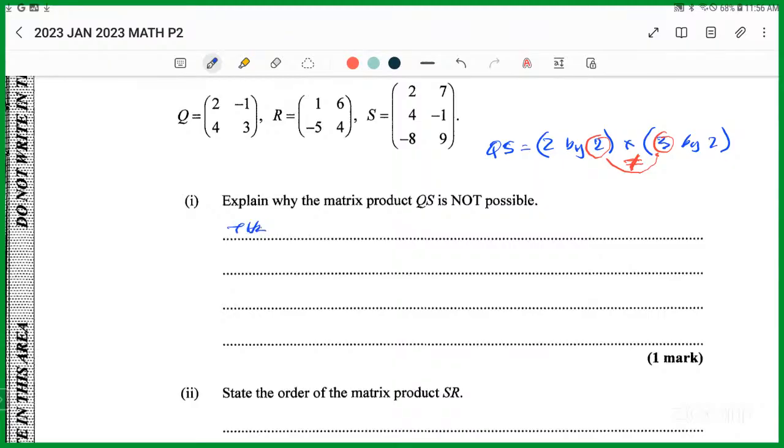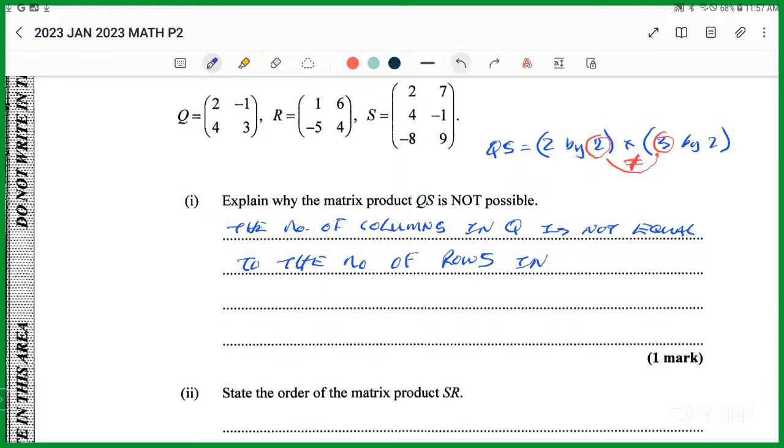The number of columns in the first matrix Q is not equal to the number of rows in the second matrix.